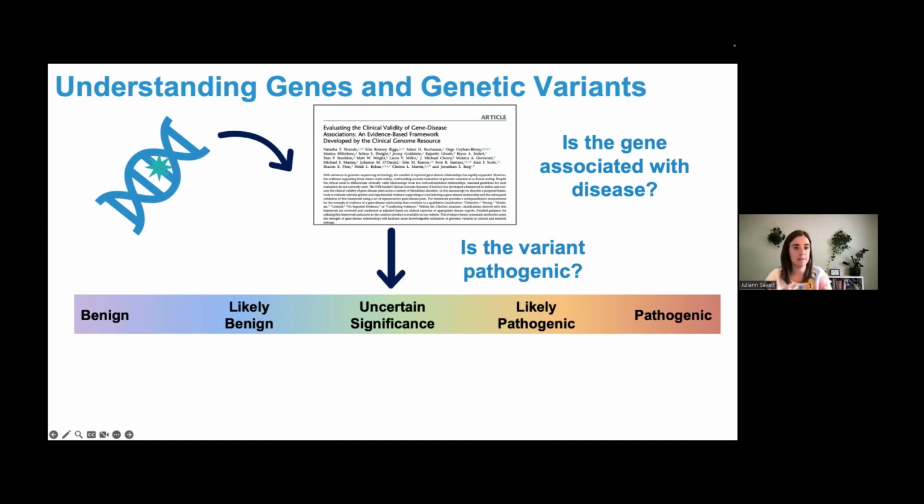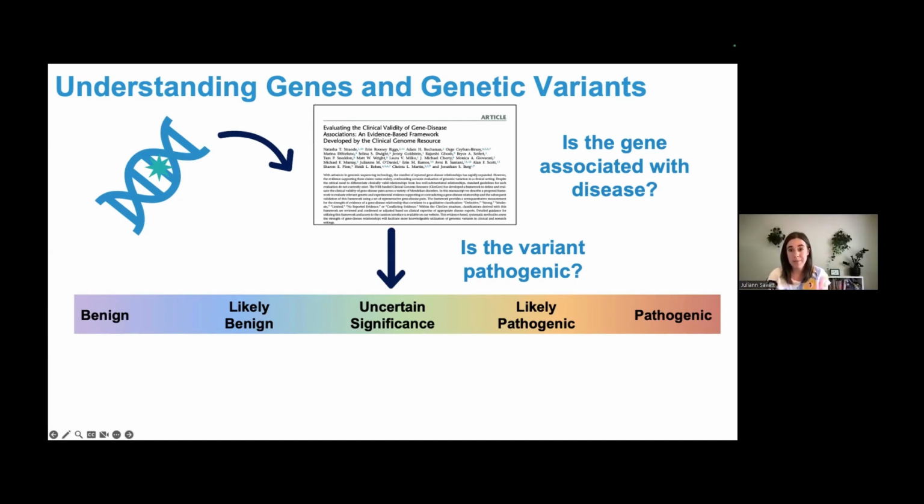We have tens of thousands of genes, and some of them we have a really good understanding of their role in health and development. For example, the BRCA1 gene, that's a gene that we have a really good understanding is tied to cancer risk, and when it's working well in the body, reducing risk for cancer, preventing cancer. But other genes we know very little about. Maybe we haven't studied them a lot. We don't know if they're tied to health or disease. So first, the lab asks, well, what do we know about this specific gene?